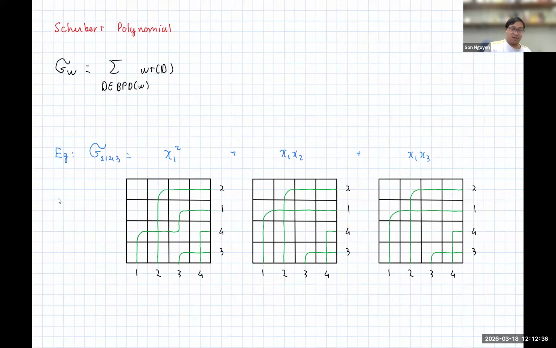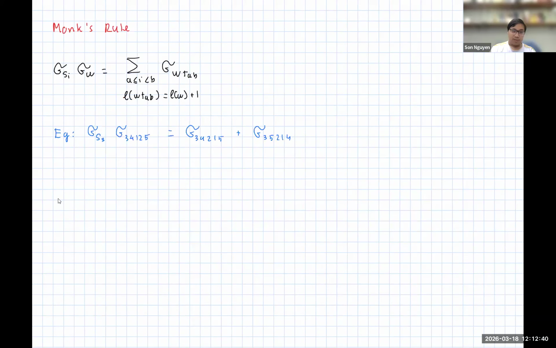There's a rule that is very common in Schubert calculus called Monk's rule. It says that if I take the Schubert polynomial of a simple transposition and multiply it with some Schubert polynomial, I know what sum of Schuberts I get, and the sum is given by this. In this example, I want S3 multiplied by 3, 4, 1, 2, 5.